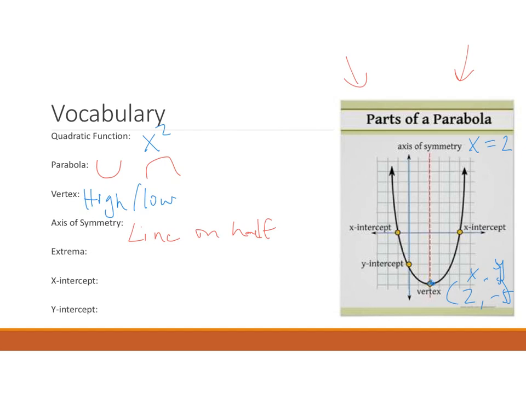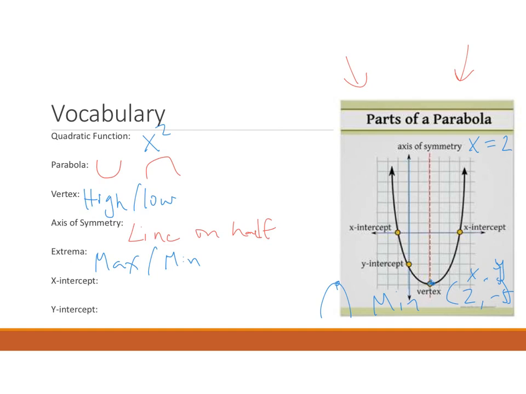Extrema is saying if the parabola has either a maximum point or a minimum point. That is told by the vertex. So if you go to the vertex, since it's a low point, we call this a minimum. If a parabola had gone the other way, that would have been a maximum.